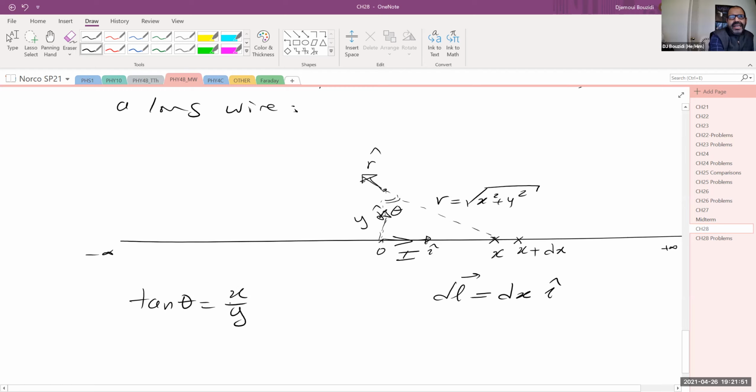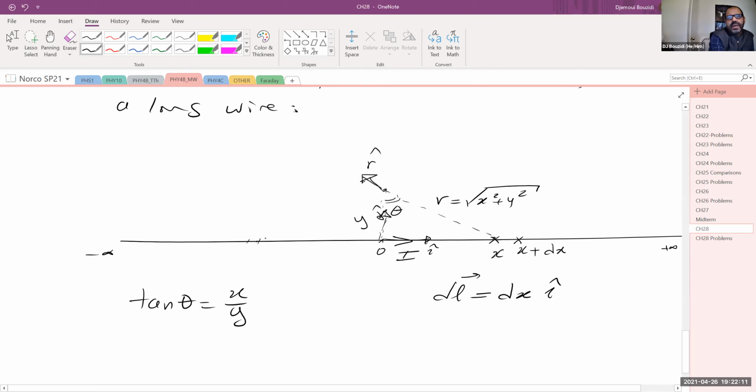The vector r hat is positive in the j hat direction and negative in the I hat direction. So I need to find its direction because I took the points in the positive direction. Had I taken it in this direction, then both of them would have been in the positive direction.